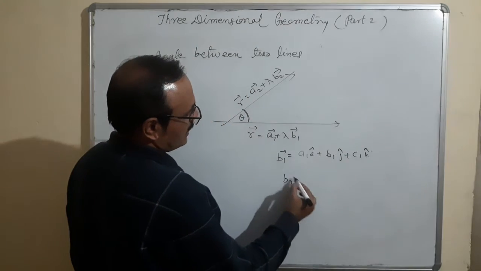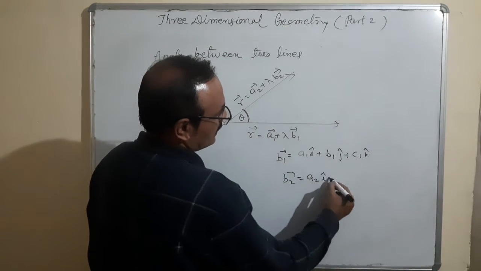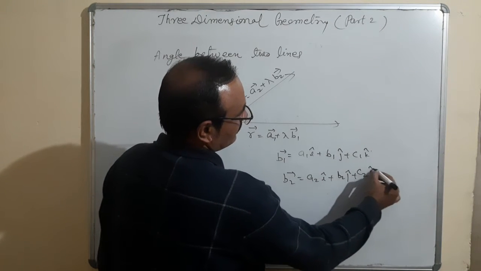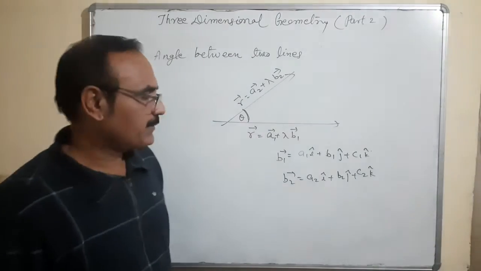And vector B2 I am taking as A2 i plus B2 j plus C2 k. Is it okay? These two vectors I have taken.